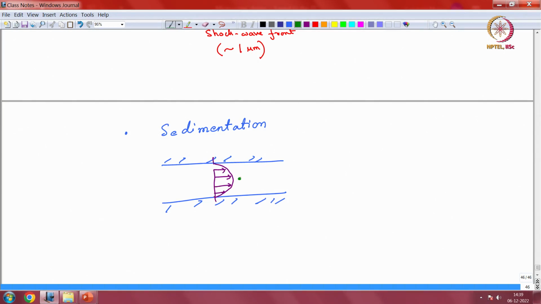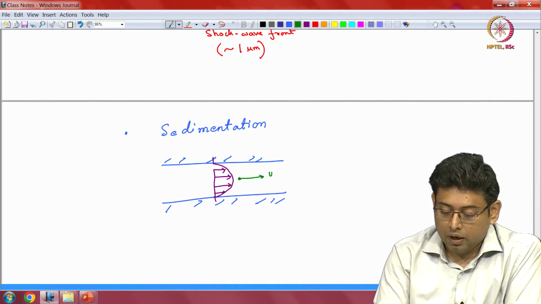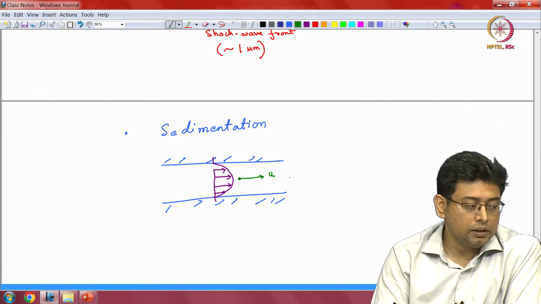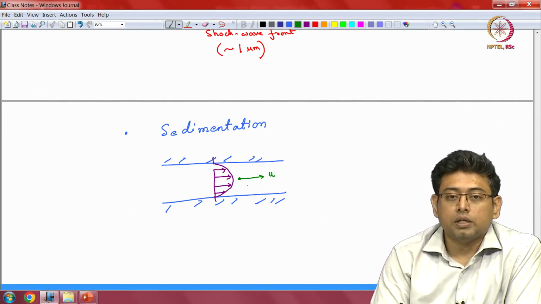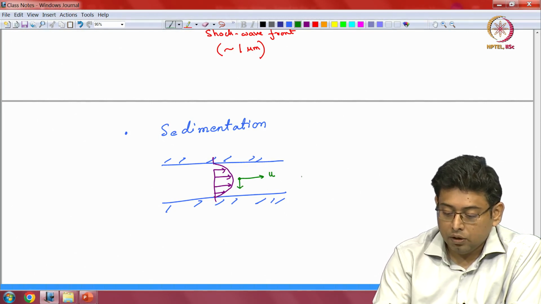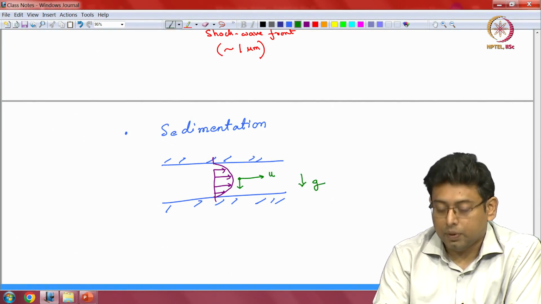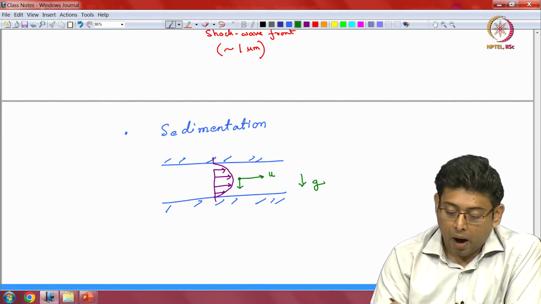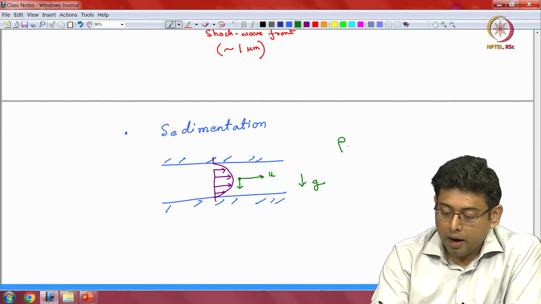So, you have a tracer particle that is getting entrained in this direction, so it will have some velocity along your positive x direction. The particle also experiences gravity, which is downward, and the particle density, rho particle, is not the same as rho fluid.